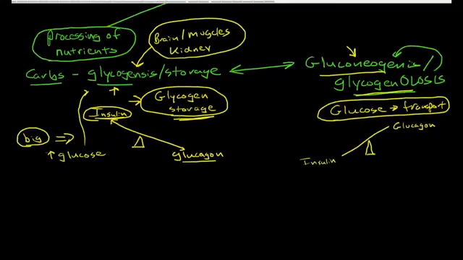Now, the other two big nutrient groups are obviously proteins and lipids. So the GI tract has digested and broken down proteins into amino acids.